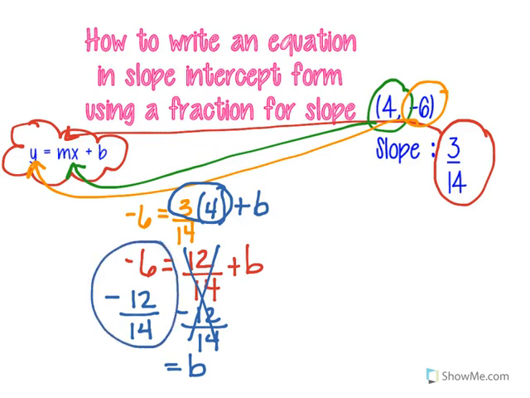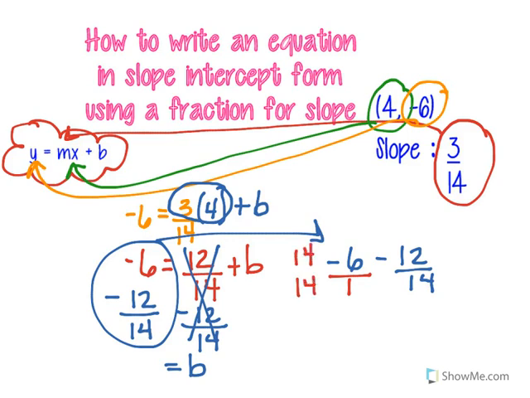I'm going to bring these over here because in order to subtract them, I have to have a common denominator. Right now I have a fraction and I have a whole number. So I have to turn my whole number into a fraction, and I have to have a common denominator. So they both have to be 14 at the bottom.